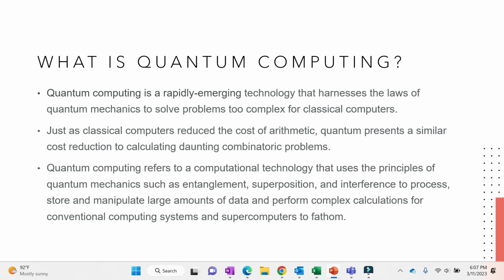Just as classical computers reduced our effort and cost of arithmetic operations, quantum computers similarly reduce the cost of calculating very complicated combinatoric problems. Quantum computing is based on the principles of quantum mechanics, with key concepts like entanglement, superposition, and interference. It helps you solve these kinds of problems in complex situations and on huge amounts of data.